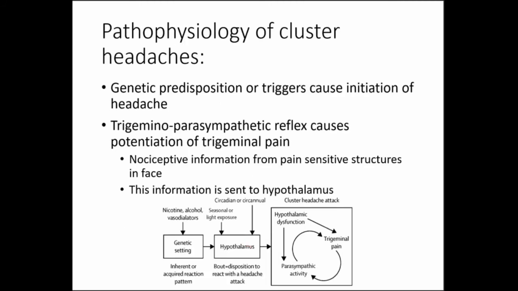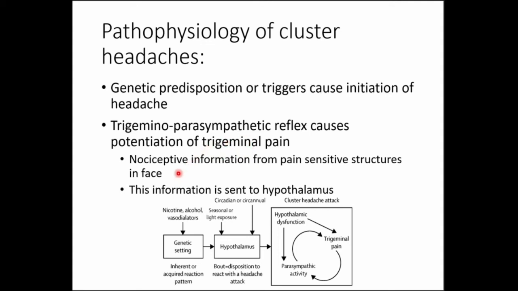And so the pathophysiology isn't well understood. It's thought that a combination of genetic predispositions or triggers such as alcohol, smoking, or head trauma initiate the headache. Something known as the trigeminal parasympathetic reflex causes potentiation of the trigeminal pain, so pain over the trigeminal regions.